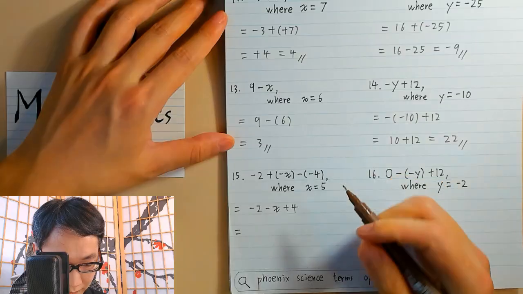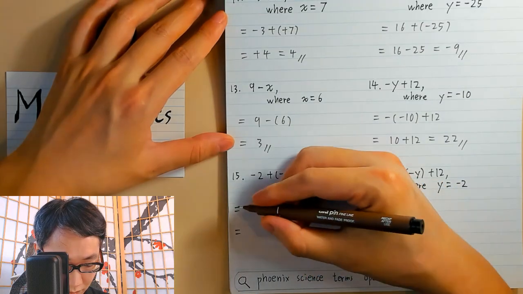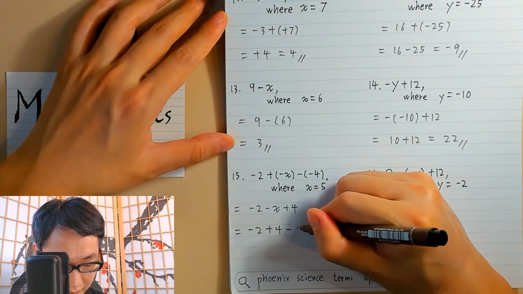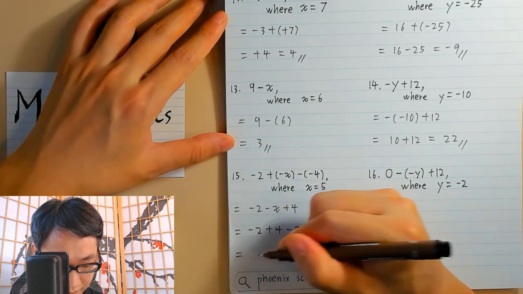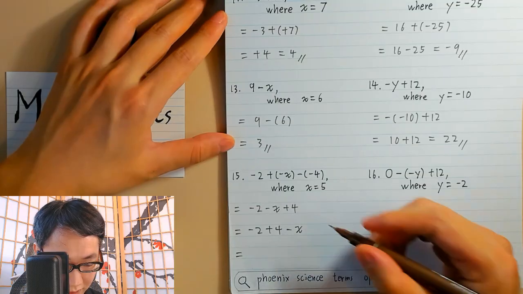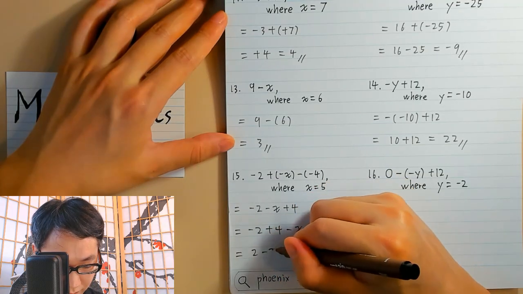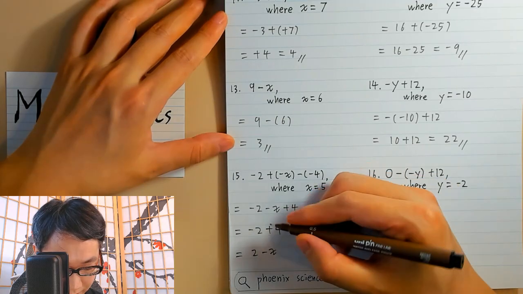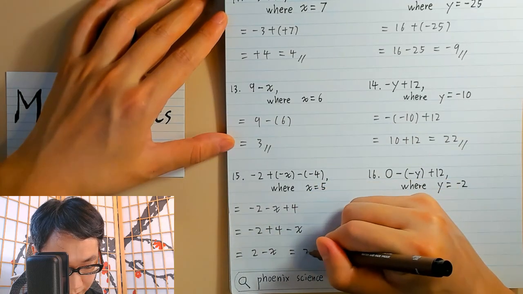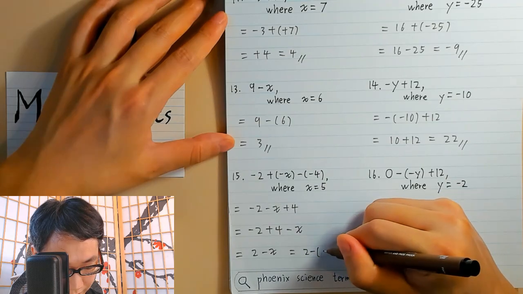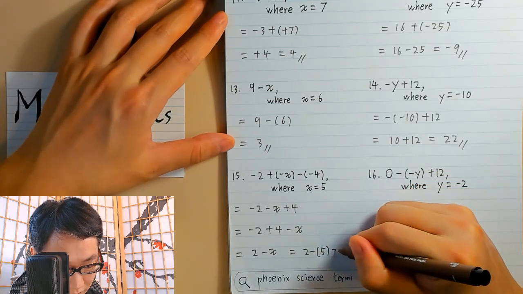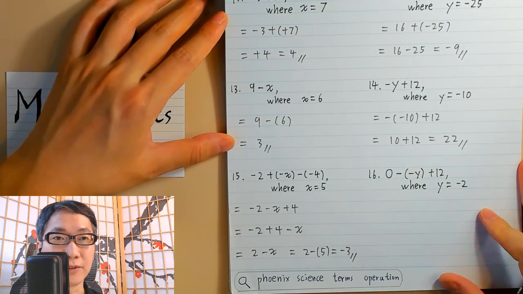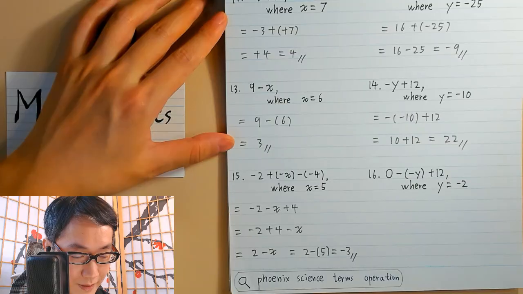And then we have, so we are arranging negative 2, positive 4, minus x. This is positive 2. Then I substitute. So then I have this will be a negative 3. Okay.